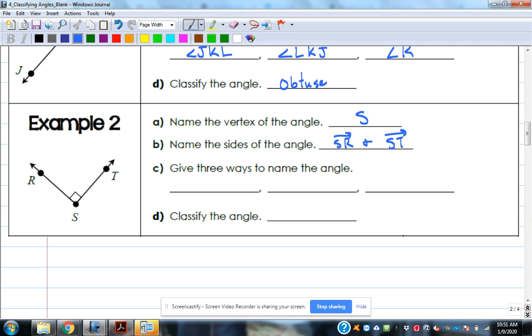Okay, 3 ways to name that angle. Angle RST, angle TSR, and angle S. Classified. Right. All right, easy enough.